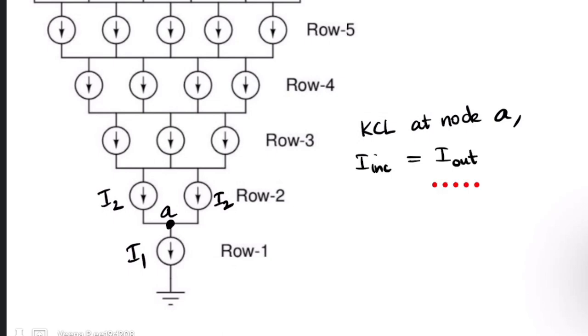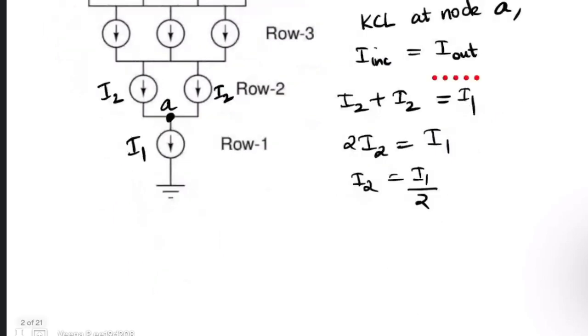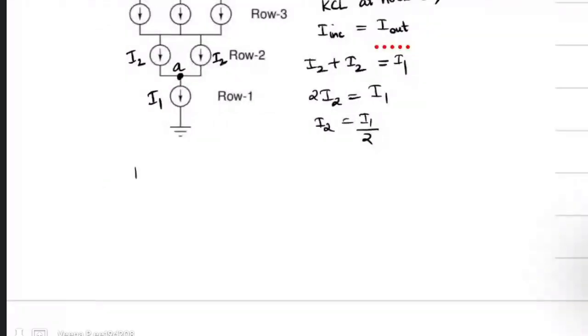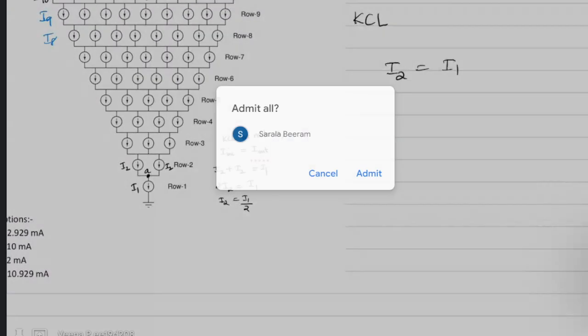So the currents incoming are I2 plus I2, whereas the current outgoing is I1. That means 2I2 is equal to I1 or I2 is equal to I1 by 2. This is the first observation you are making, which is I2 is equal to I1 by 2.